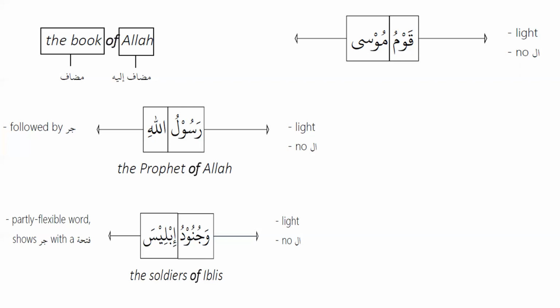And if it can be jar, then it is jar. The second word can have alif lam. The second word can be heavy also. It doesn't matter. As soon as you see the second word can be jar, or it's showing you it is jar, then it is a mudaf, and mudaf ilay is an idafa fragment. So this one, we said the people of Musa, the nation of Musa. Non-flexible cannot show the status.